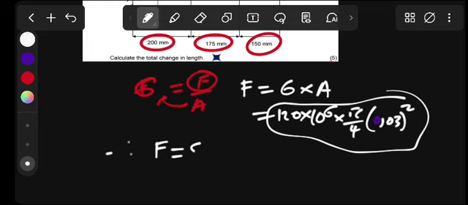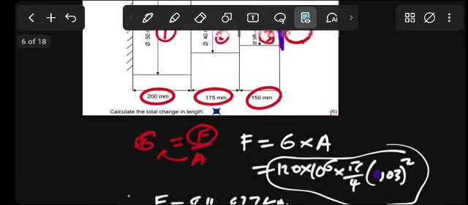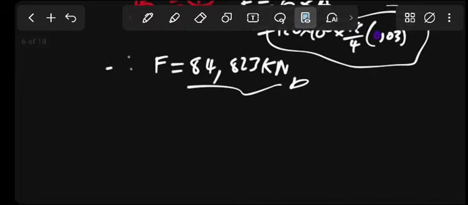This is 84.82823 kilonewtons. Alright, we now have that force. The force will be the same throughout, by the way.